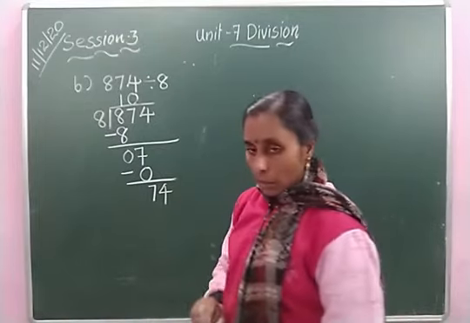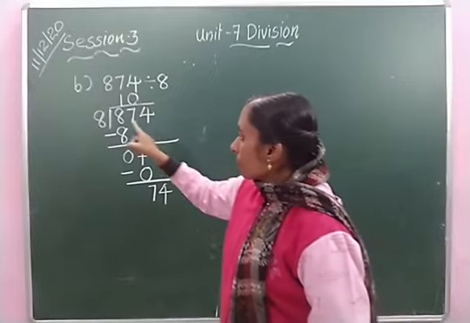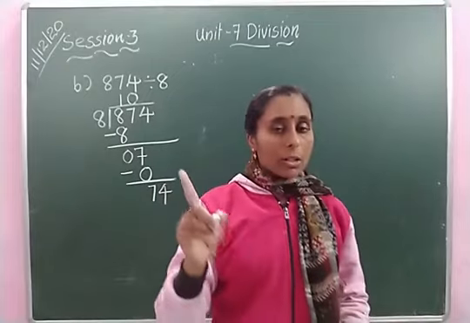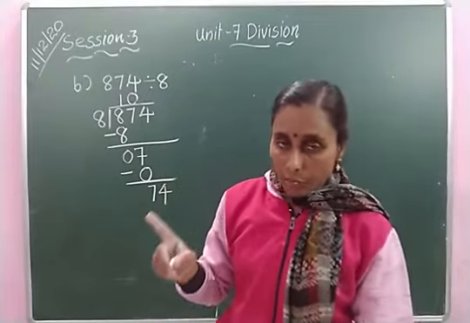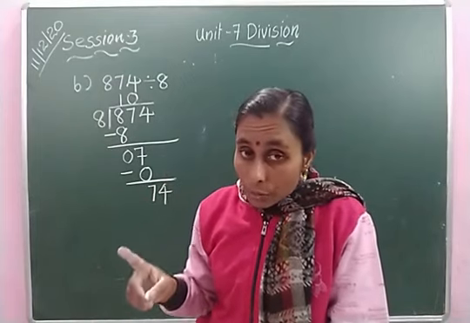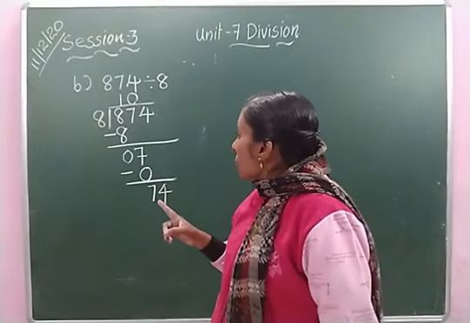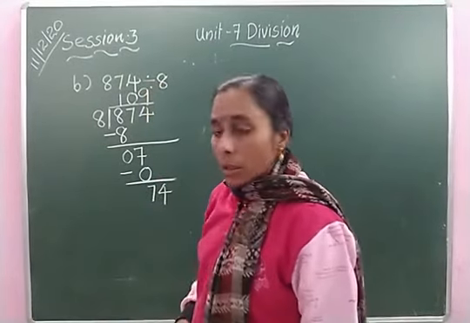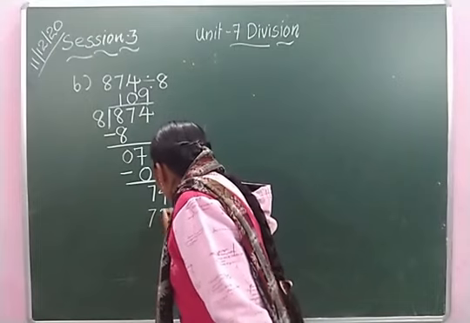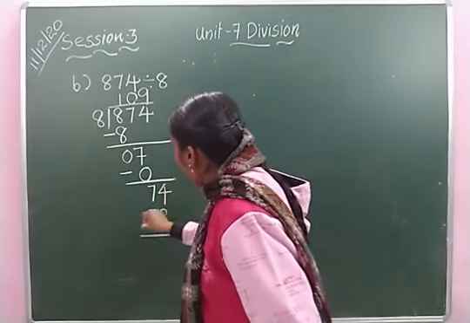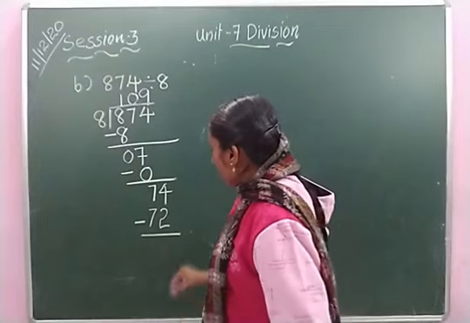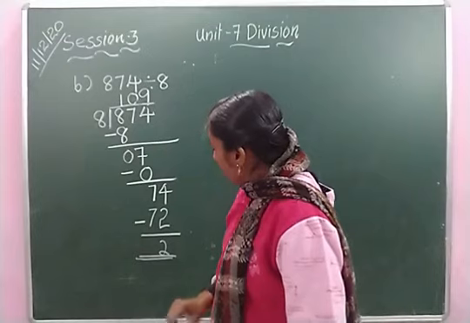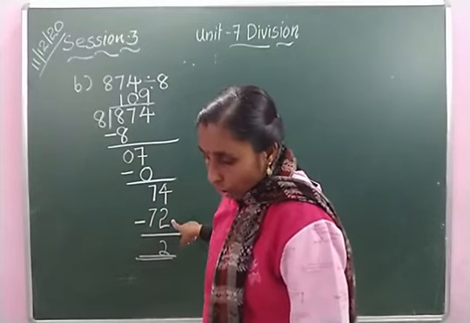Now it is 74. How many times? 8 1s are 8, 8 2s are 16, 8 3s are 24, 8 4s are 32, 8 5s are 40, 8 6s are 48, 8 7s are 56, 8 9s are 72. 74 minus 72 is equal to 2.